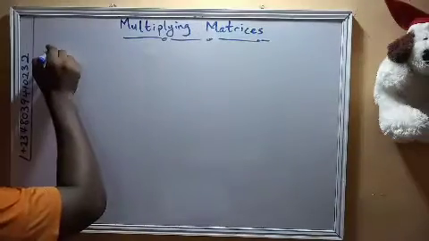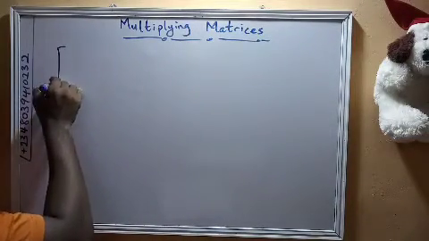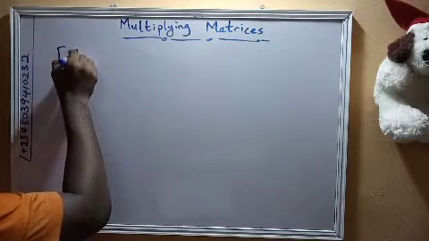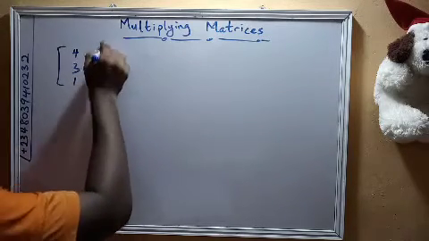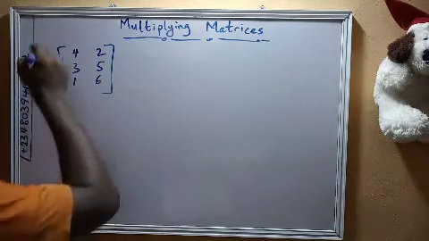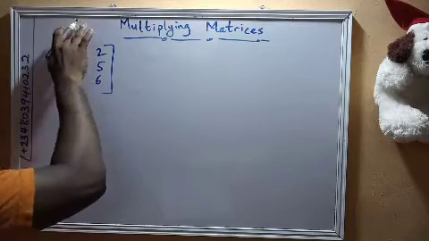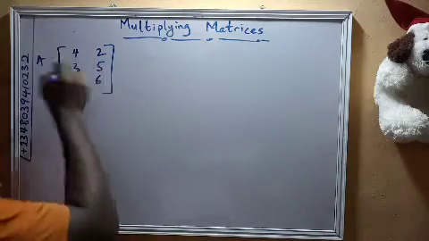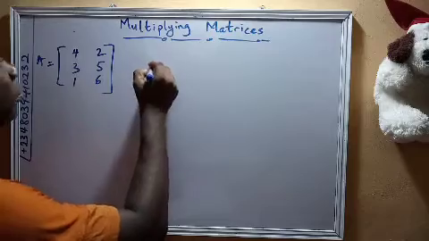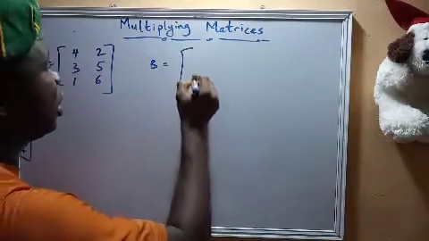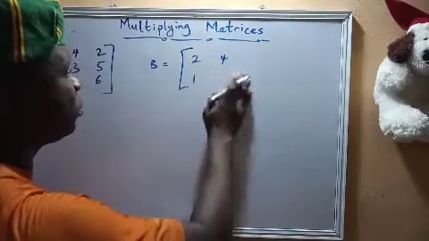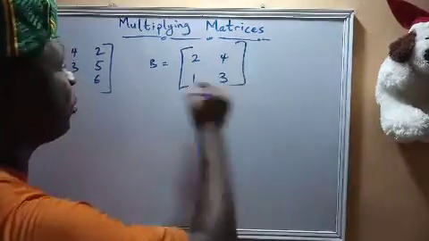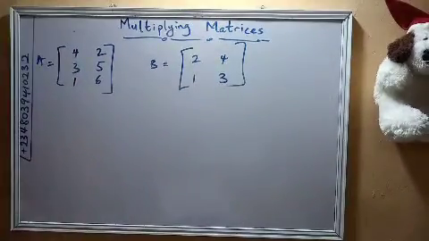Now let's quickly get two matrices here. One we have 4, 2, 3, 5, 1, 6. Let's call this matrix A, and matrix B. Let's have 2, 1, 4, 3.